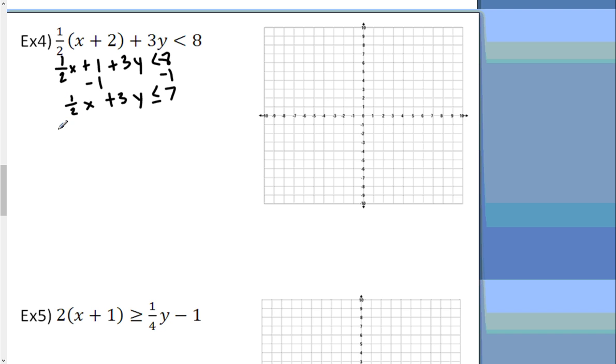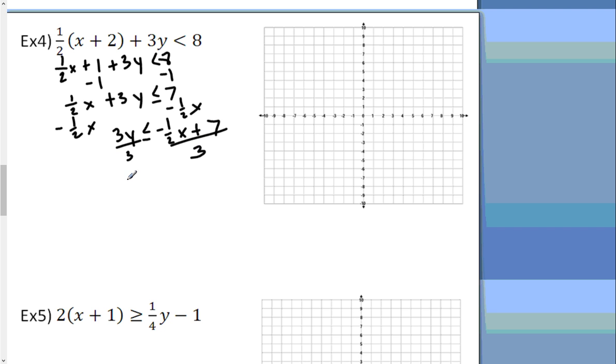Then I would subtract 1/2 of an x from both sides, and I would get 3y is less than or equal to -1/2 x plus 7. And then I would divide everything by 3.